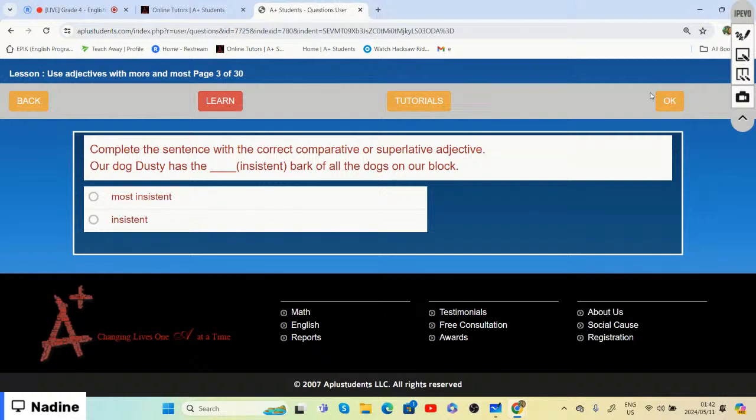Our dog Dusty has the insistent bark of all the dogs on our block.